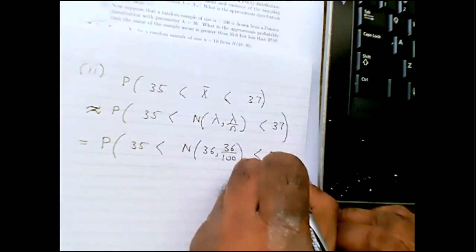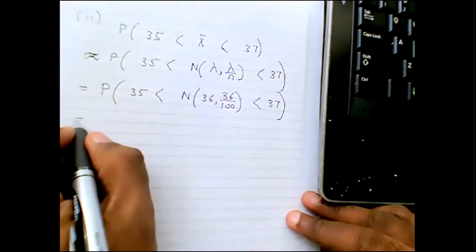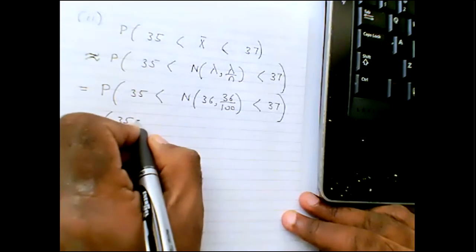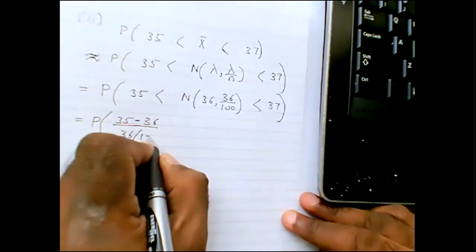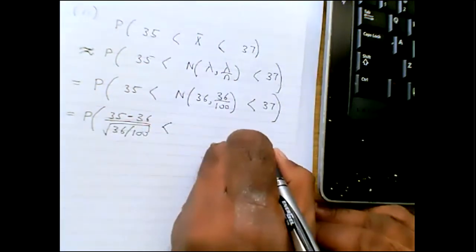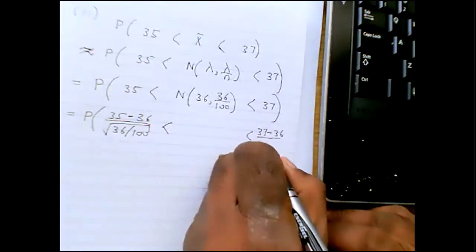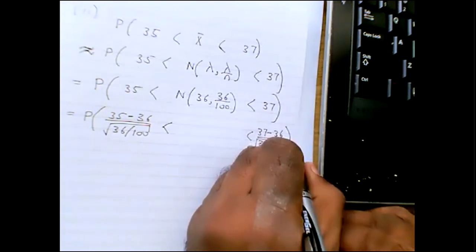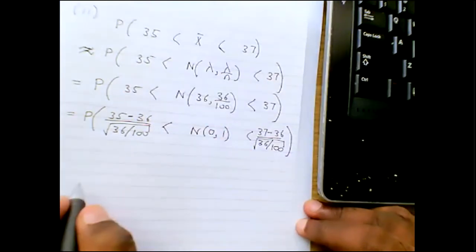So this is what you have. Now I'm going to standardize. Remember how to standardize? You subtract the mean and you divide by the standard deviation, and you do that over here too. What you have in the middle is the standard normal variable.